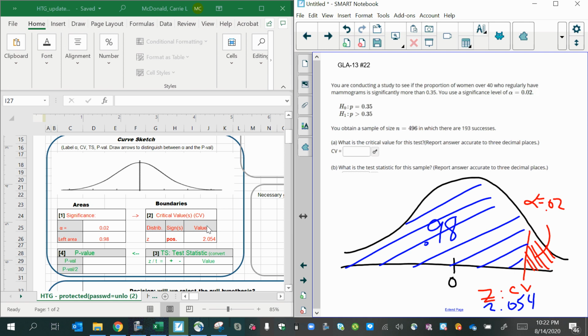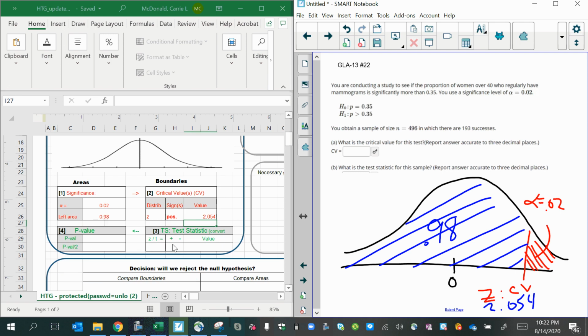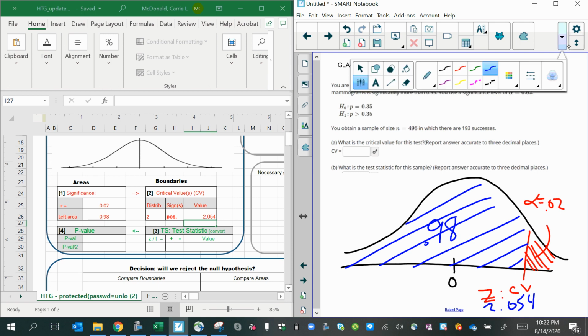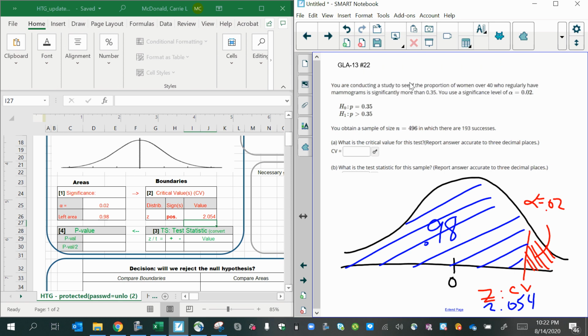But before we do, let's go forward and find the other two important values here for our sketch, the test statistic and the p-value. So the test statistic is where we take our sample statistic and turn it into a z-score so that we can compare it with this critical value, because this critical value is our goal post.